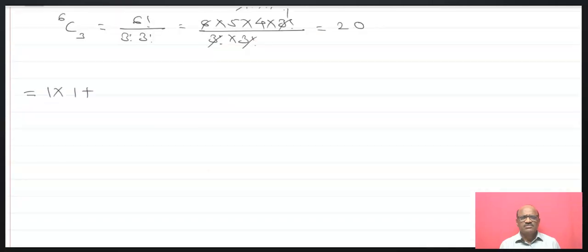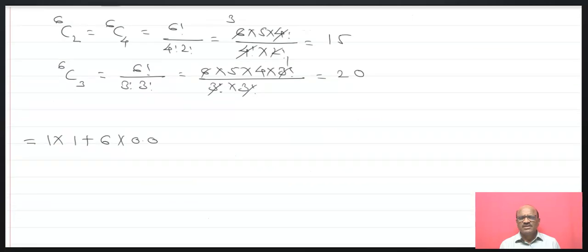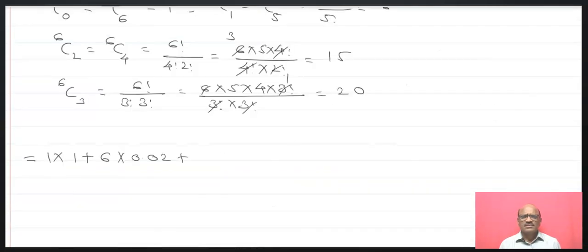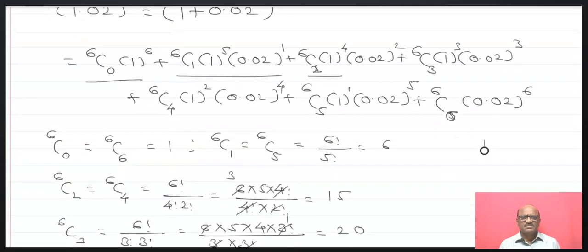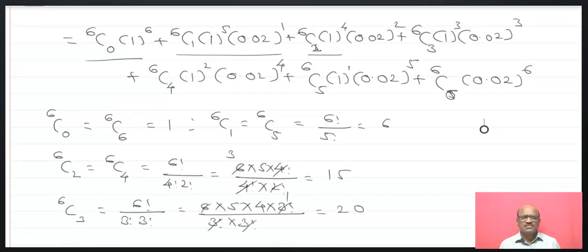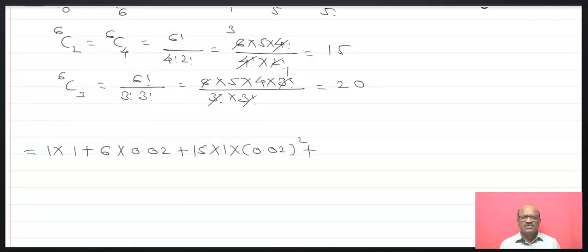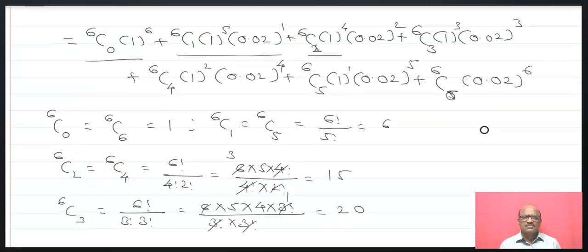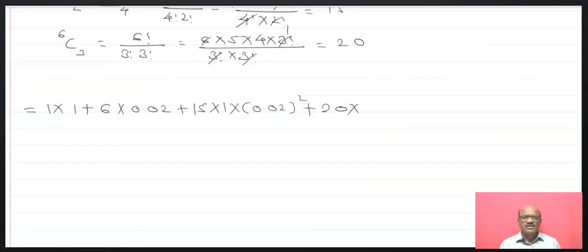Now we will substitute. We are not calculating all the values. See this, substitute their values. We require the answer up to 4 decimal places.